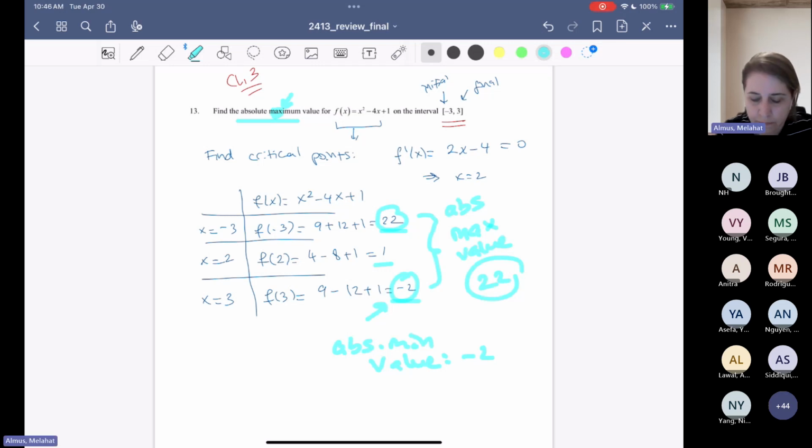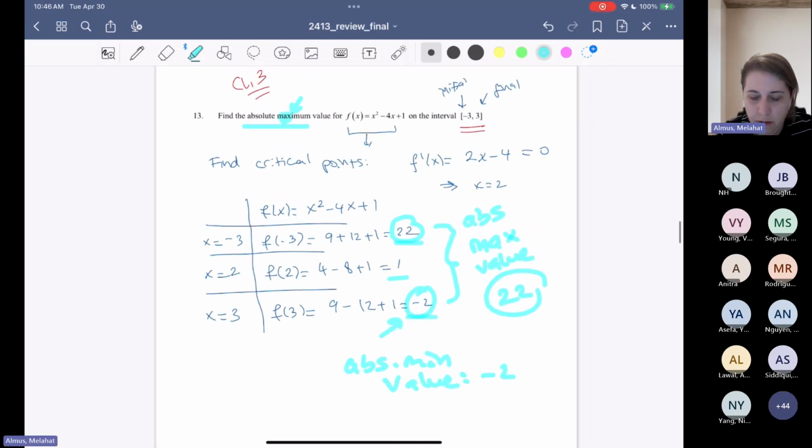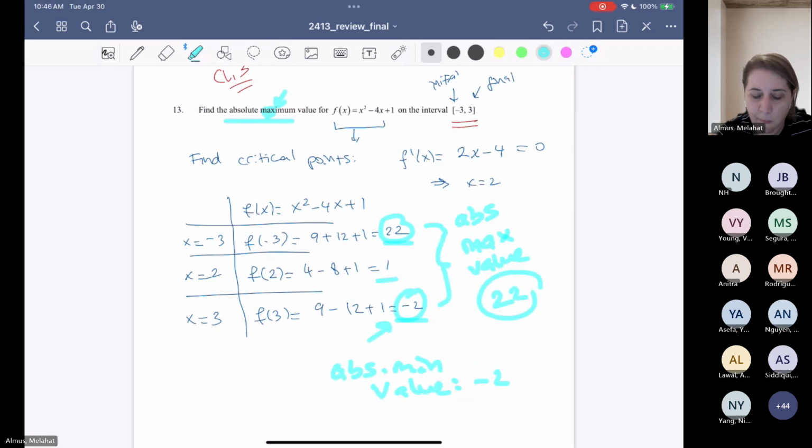Did I make a mistake, Ali? Yes, f of negative 3. Are we good with the answer? It says value. It's value, we just say the y coordinate. But if you see a mistake, let me know. Why? I don't think so. The interval is negative 3 to 3. So this is the initial value.